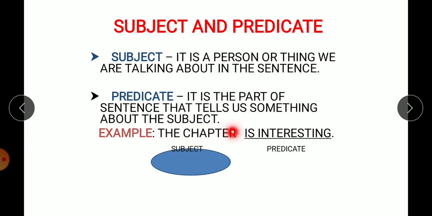What information you are getting? It is interesting. So is interesting is predicate, right? Clear? So subject is that part of the sentence about which you are talking, and predicate is that part that tells something about the subject.